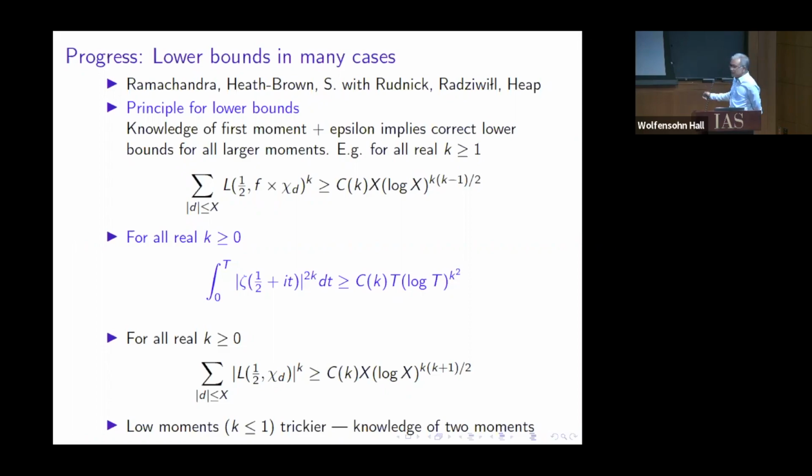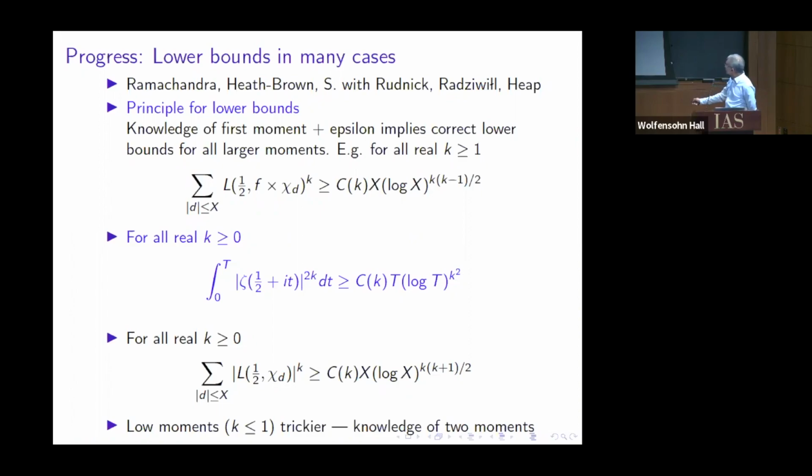So you can get the right lower bound for all larger moments. For the Zeta function, we can get lower bounds of the right order of magnitude for all positive k. And the same thing for, say, all moments of quadratic Dirichlet functions.